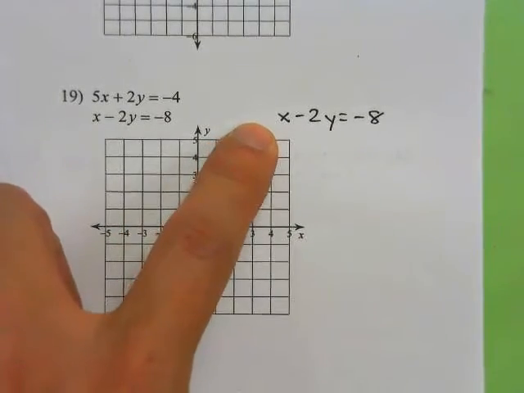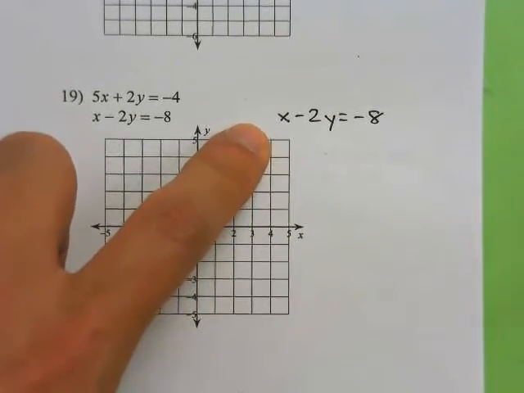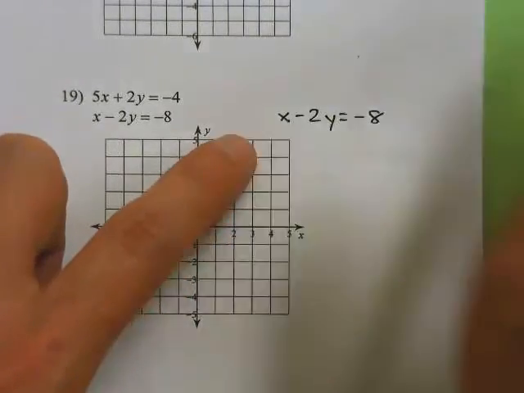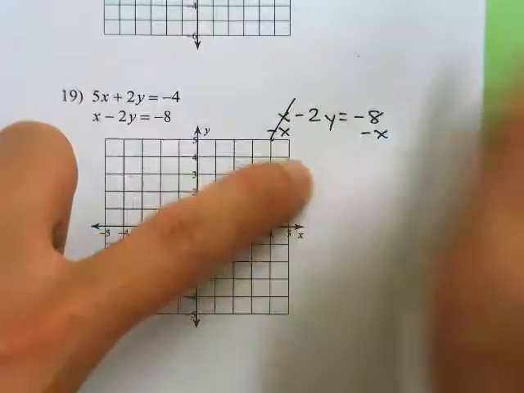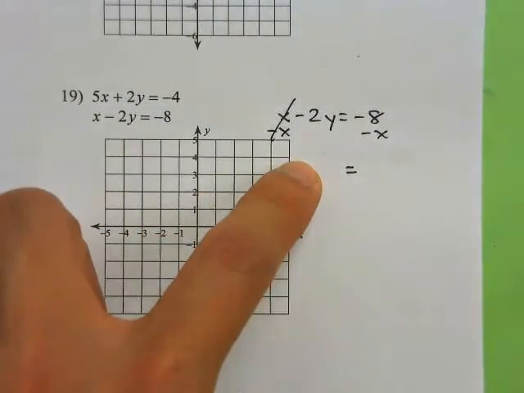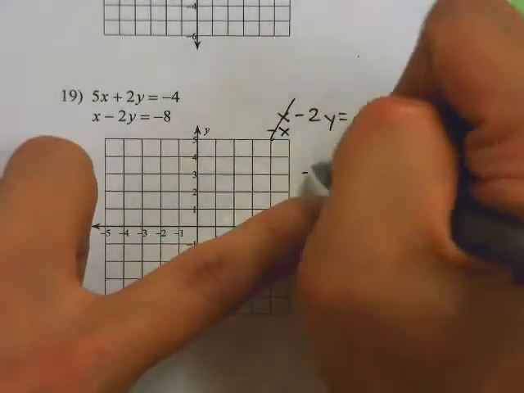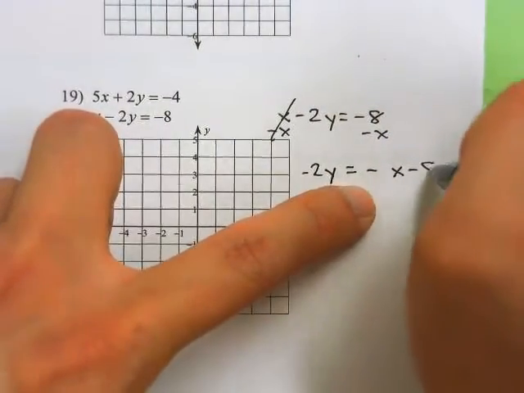What would be your first step in changing this equation? Minus x on both sides, minus x and minus x. Good. Be careful. What are you left with on the left side? Negative 2y. Negative 2y equals negative x minus 8.